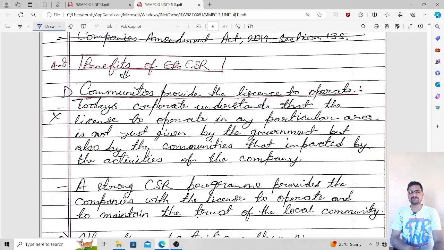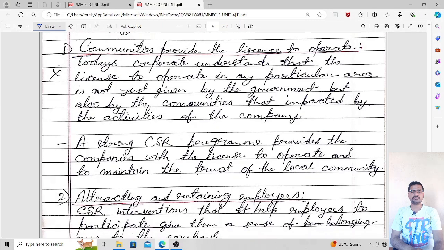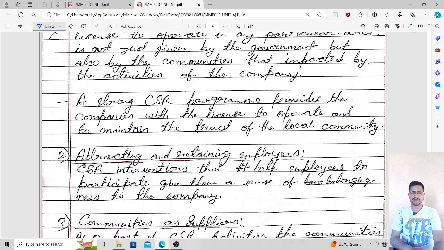So it is important that the people living nearby understand the operation of the company, and the perception of the company should be positive in their eyes. A strong CSR program provides the companies with the license to operate and maintains the trust of the local community.